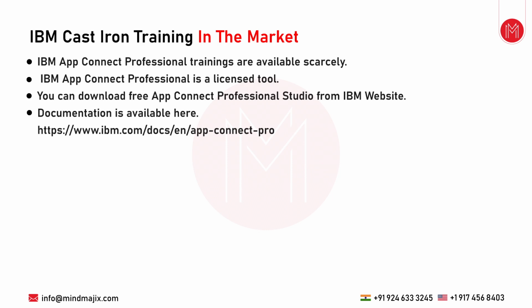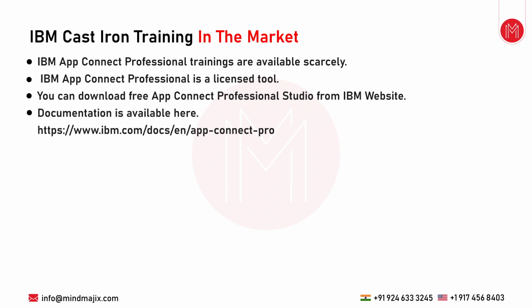App Connect Professional Training: you can download the studio, but you cannot download the web management console. As I already said, it comes in two forms, right? One is the physical appliance and otherwise the hypervisor edition. You cannot download both, but I have the hypervisor edition, so I will show how to install it and all.